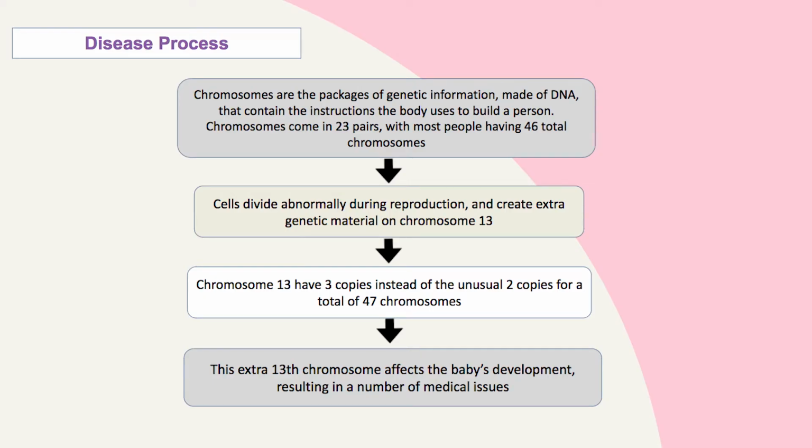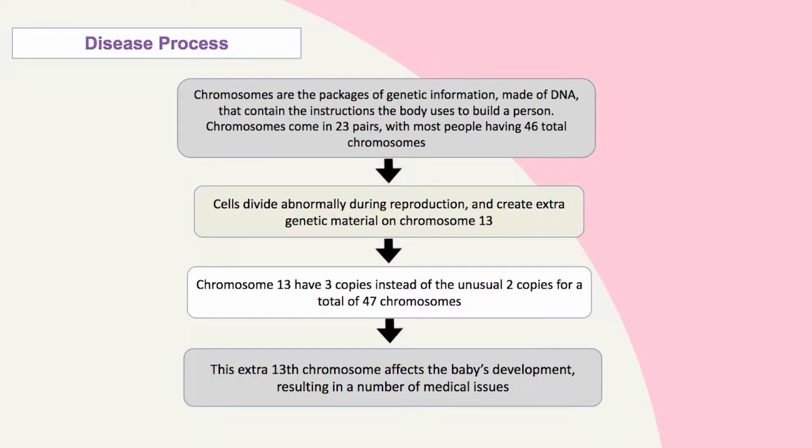The disease process of trisomy 13. Chromosomes are the packages of genetic information made of DNA that contain the instructions the body uses to build a person. Chromosomes come in 23 pairs, with most people having 46 total chromosomes.